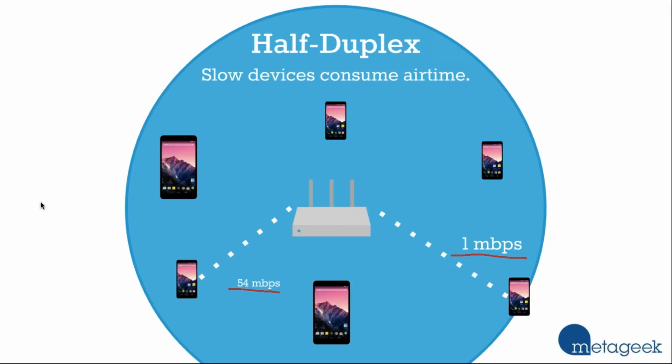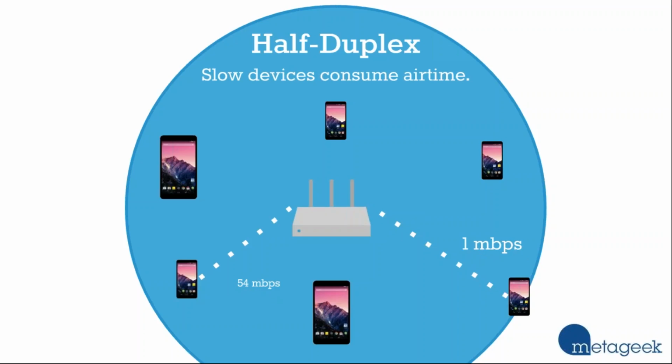And then if there's some background noise, it might start falling back down to a slower data rate. The distance from the access point matters as well. If we've got a device that's kind of far away from an access point, as a device starts to move away from that access point, it's going to fall back to a slower and more reliable data rate. Wi-Fi data rates are constantly changing, and Wi-Fi data rates directly affect the half-duplex nature of Wi-Fi.